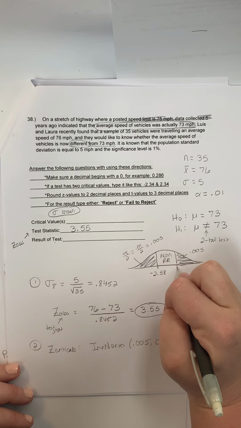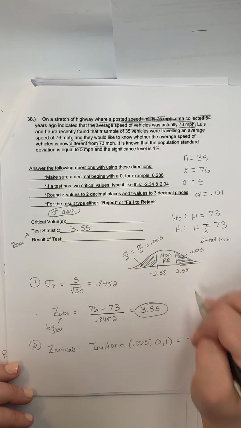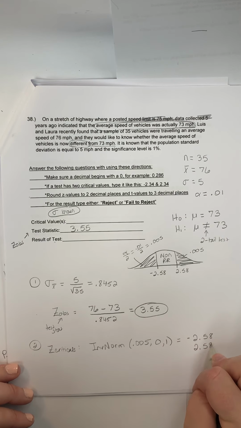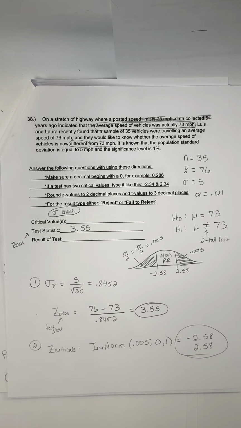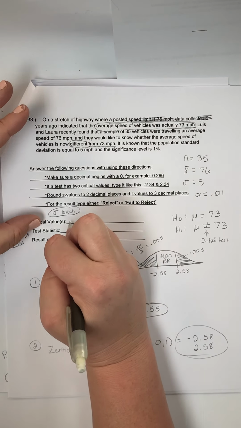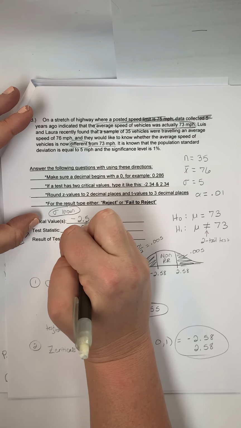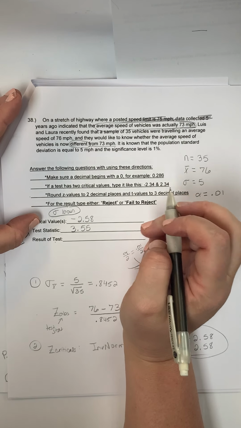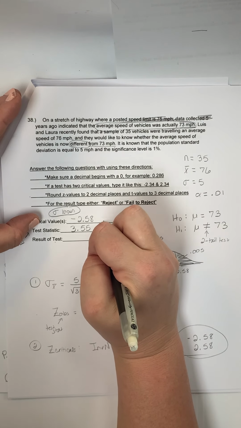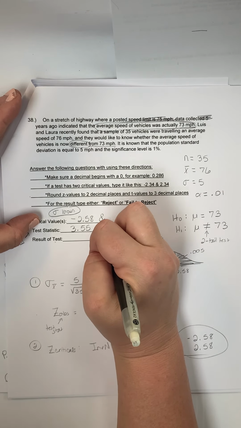Now remember, we need the other one. We need the positive version. So we want both. When you go to put these in, you have to put the negative one first, space, then you're going to hit that shift 7. It's going to give you that little ampersand thing, right? And positive 2.58.